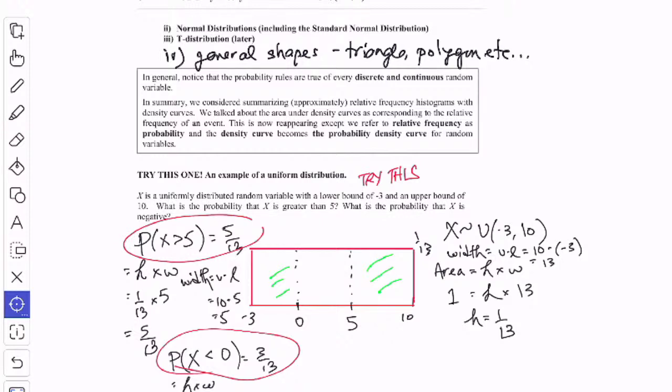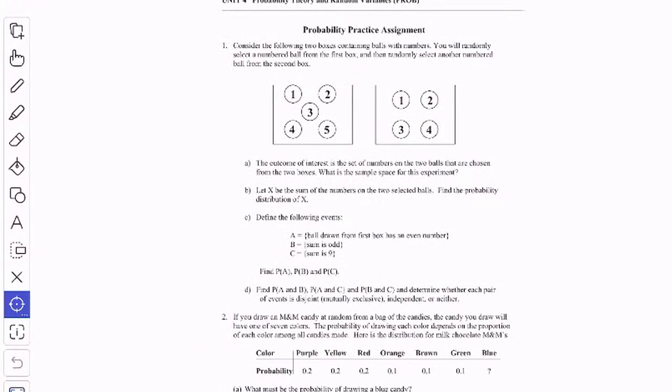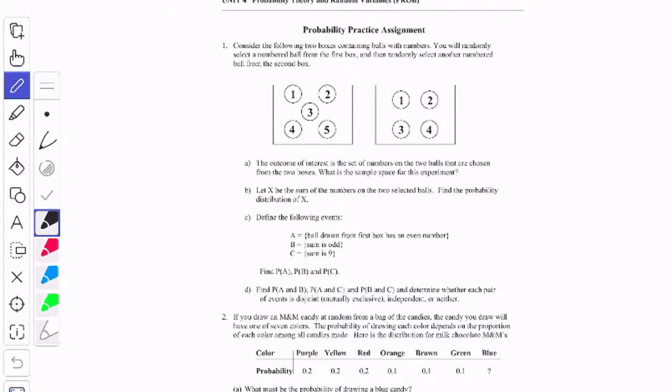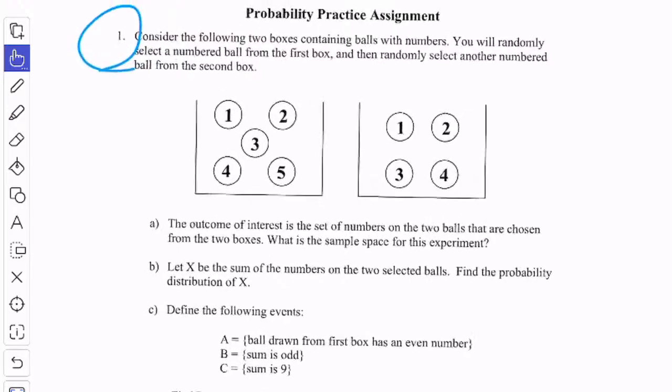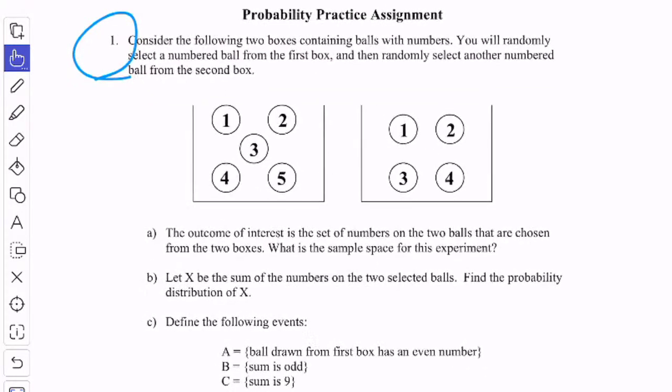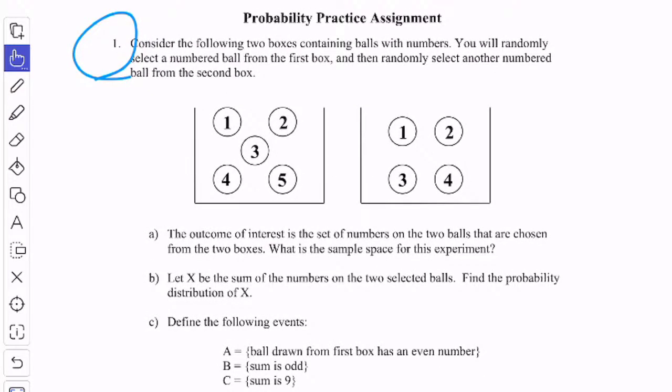Okay, so that's that. All right, so what I want to do next is work on this exercise. Now you have the answers for this, but really understanding what's going on is the most important thing, not just getting the answer, okay? So I'm going to spend maybe half an hour on this.